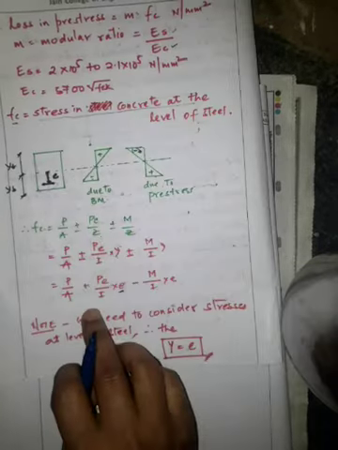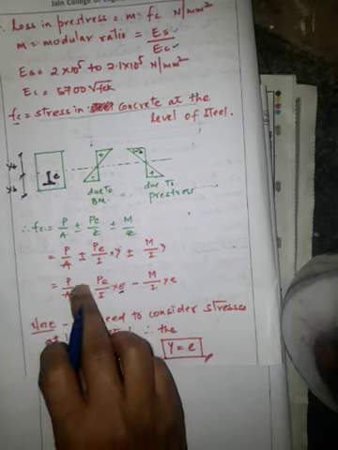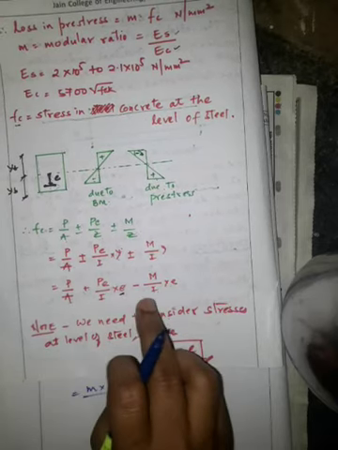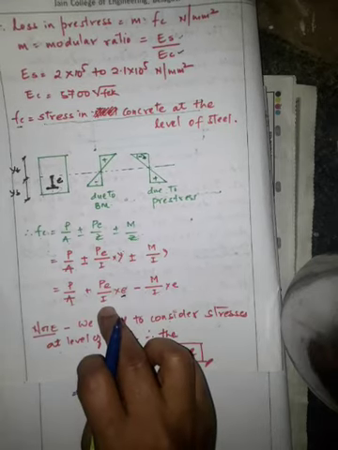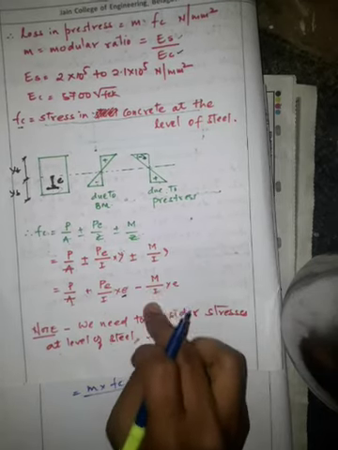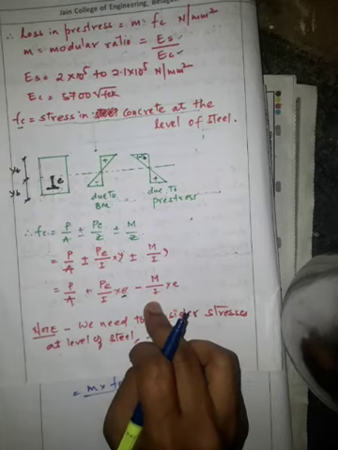So we have to find out fc, the stress in concrete at the level of steel. The formula is the direct stress P by A, and the stress due to bending, that is pre-stress and bending moment. Here we don't have the bending moment because load is not given, so the bending moment will be 0.